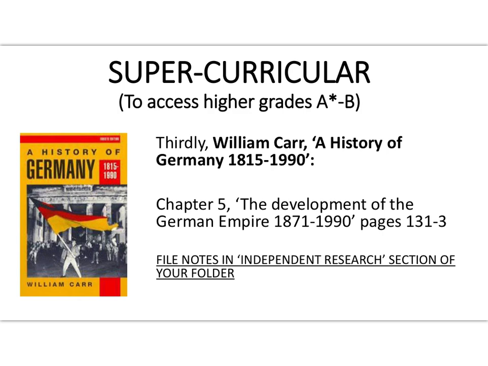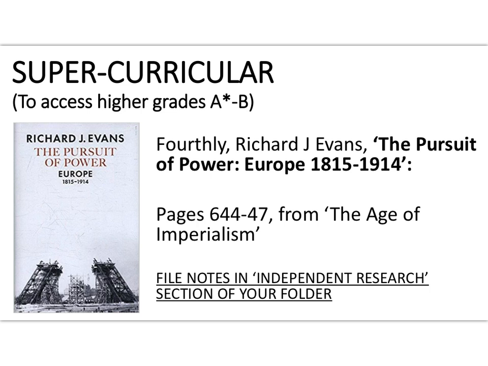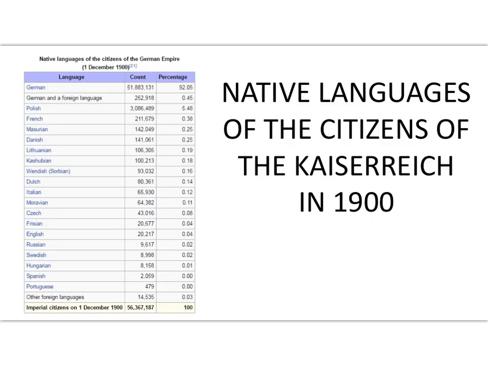William Carr has a section with some relevant information, and Richard Evans, his book The Pursuit of Power, pages 644 to 47. Okay, so plenty for you to work on supercurricular wise to deepen your knowledge and understanding of this topic.